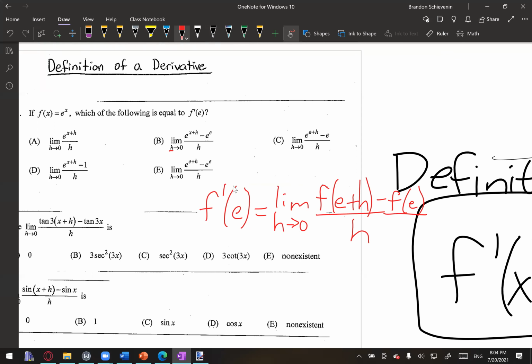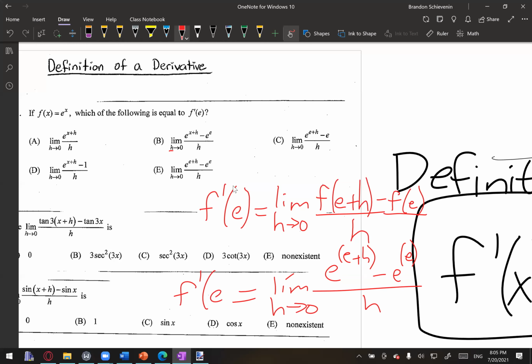My function is e to the x, so plugging that in, this would be e to my input, which is e plus h, minus our function at e to my input of e, over h. If I take the limit as h approaches 0, it should be equal to the derivative of our original function at e.